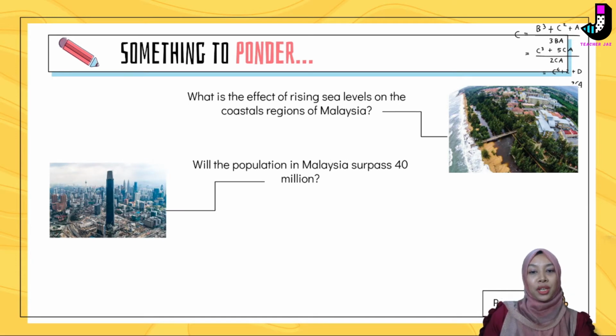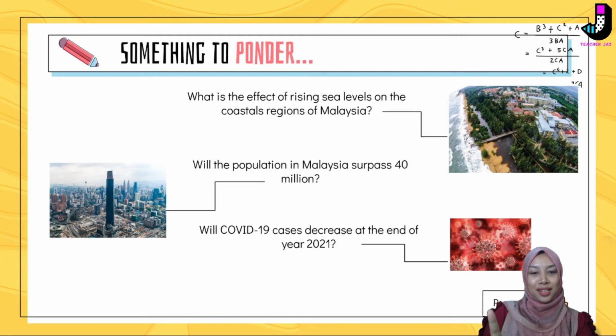Will the population in Malaysia surpass 40 million? Adakah populasi di Malaysia akan melepasi 40 juta orang? And the last question, will COVID-19 cases decrease at the end of year 2021? Adakah kes COVID-19 akan berkurang pada hujung tahun 2021?